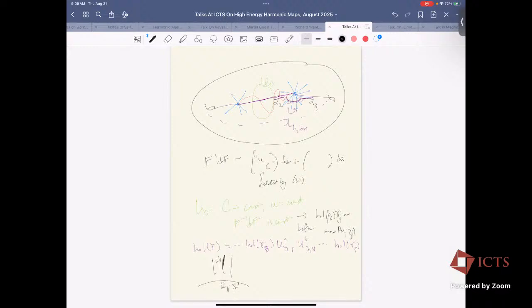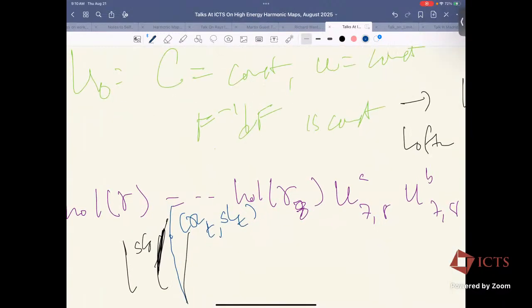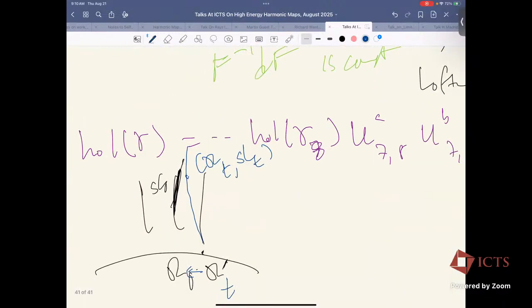I have R naught that I started, or R and R prime, and this has some limit, and I can imagine maybe I have R_S or R_T. Let's make this R_T, and let's make it a little easier to see. So I have R_T heading in like this, and I can just have some path, which is R_T C_T or S C_T. That's badly written. Make it bigger. So I have something like this.